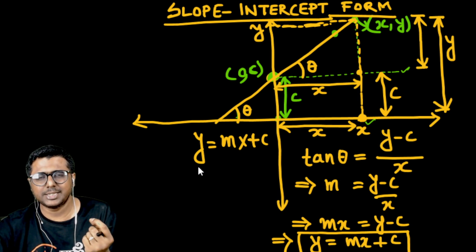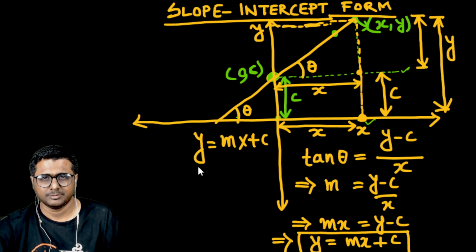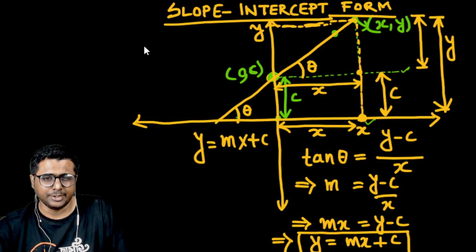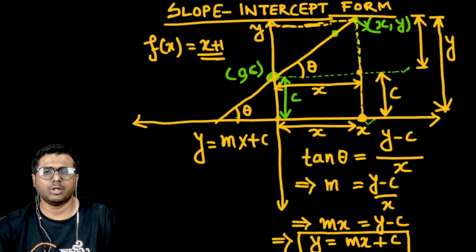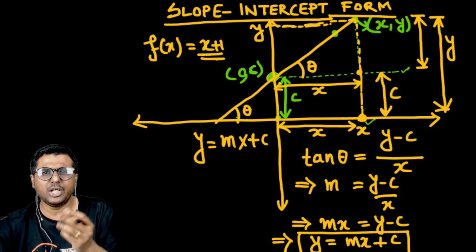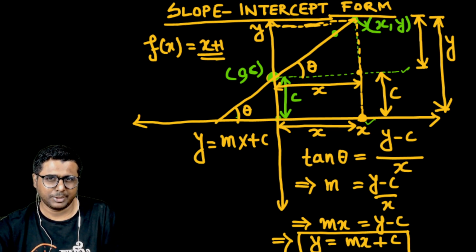Linear equation means x to the power 1, like we already did f of x is equal to x plus 1, then this type of polynomial is called a linear polynomial. Why is it called linear polynomial? It could have been called a uninomial polynomial, but it is called linear polynomial.